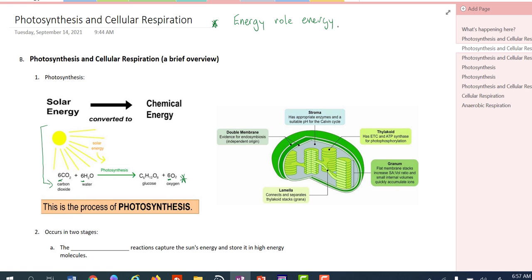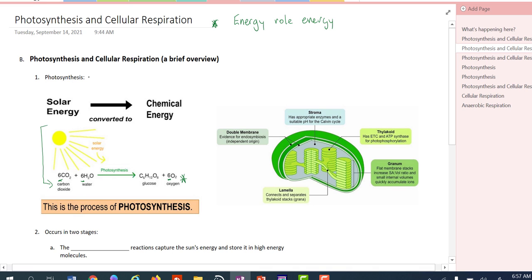So the two most important reactions involving energy within plant and animal cells are photosynthesis and cellular respiration. I'm going to give a brief overview of both of them, and then we'll look at the details, specifically the details of cellular respiration, this week in class.